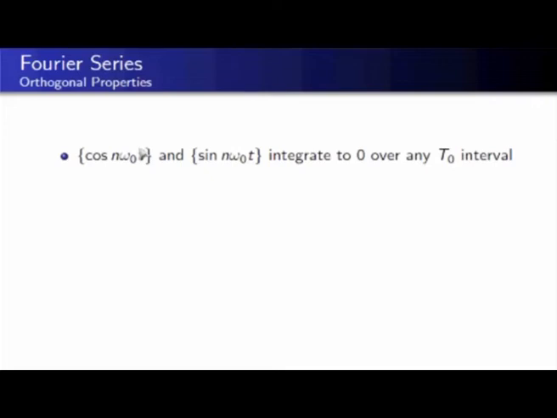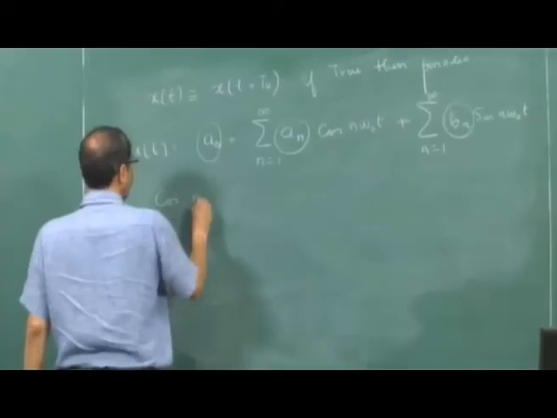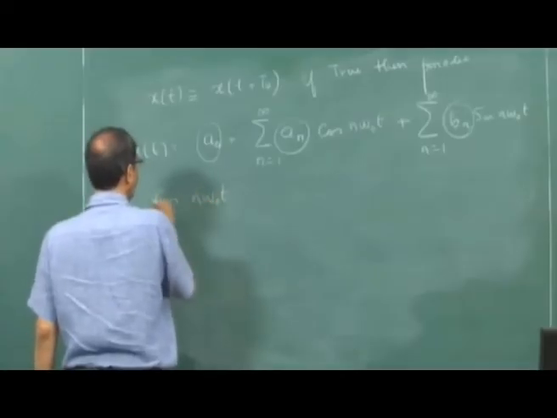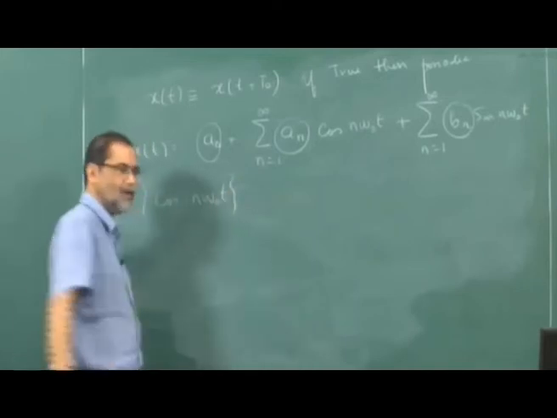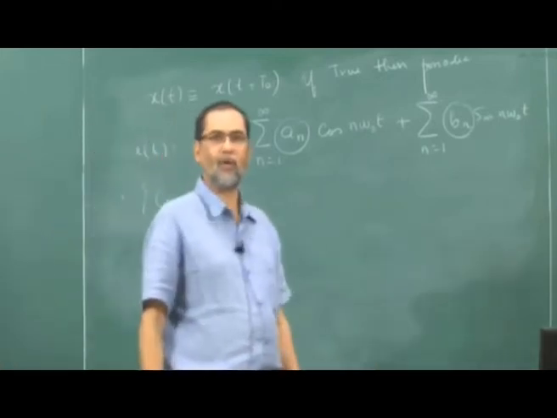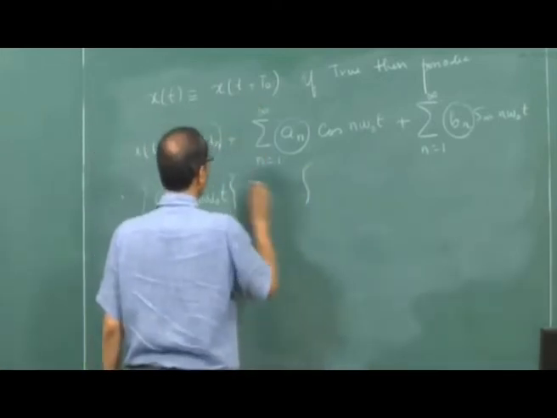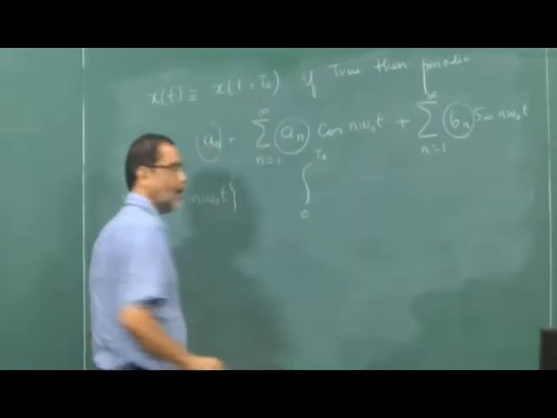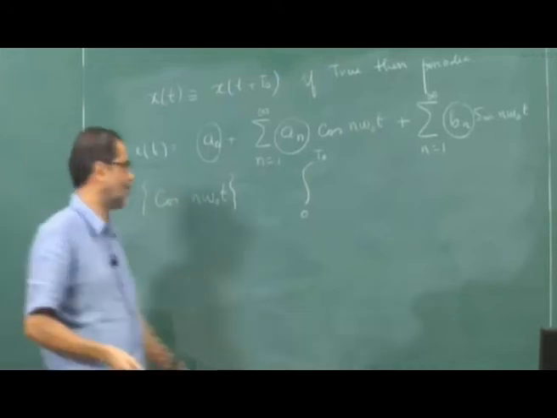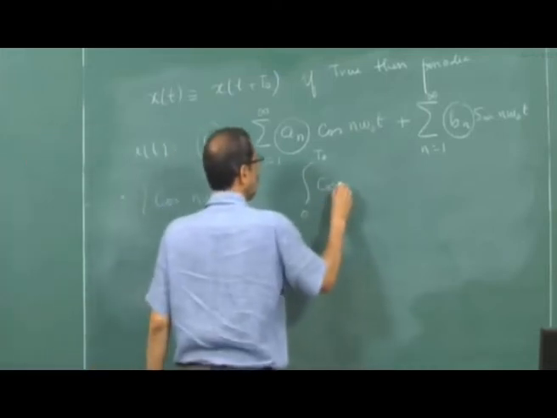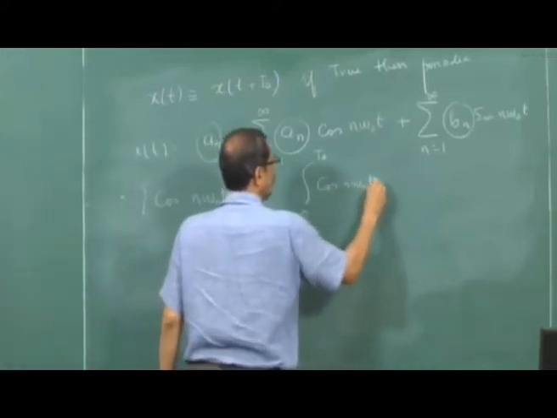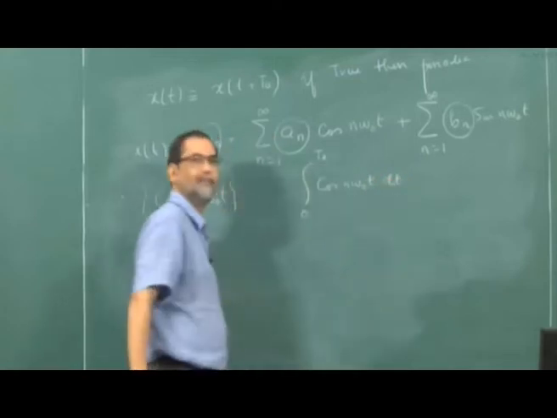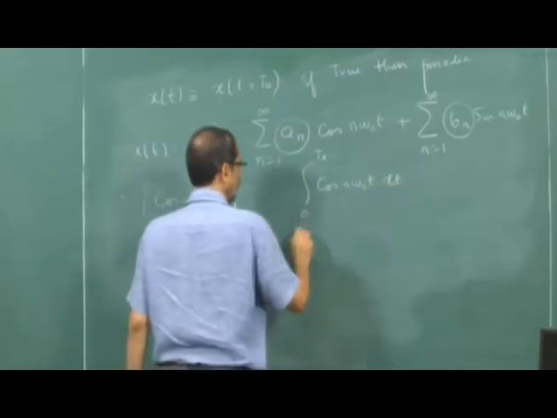So he says that, take a family of functions cosine n omega naught t. If you integrate this over the period t naught, meaning if you just take 0 to t naught, or any t naught period, let me take it as 0 to t naught, cosine n omega naught t dt.